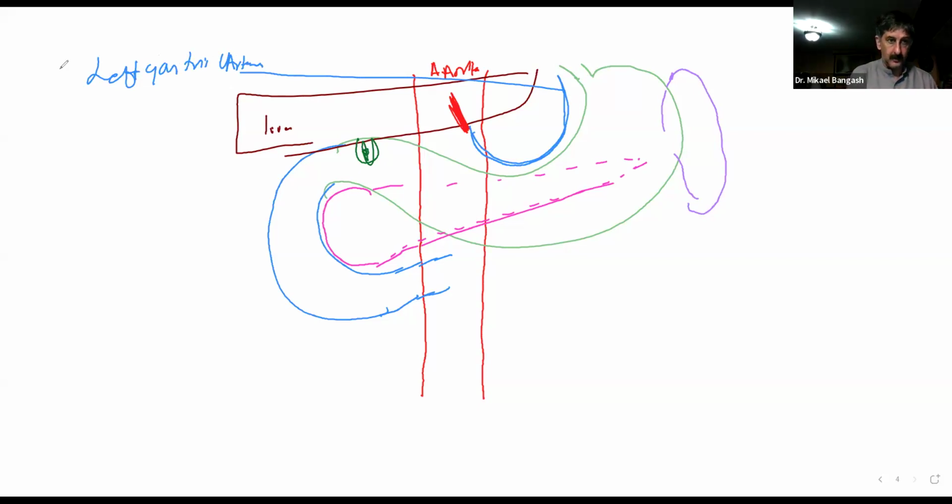And just so you guys are not confused, in our diagram here, this is going to be the right side, and this one here is going to be the left side. Let me just correct this.